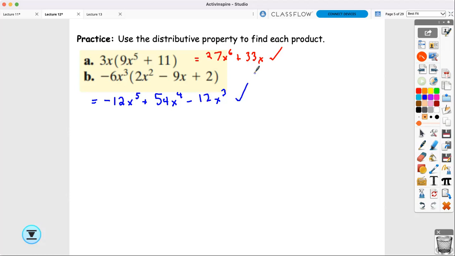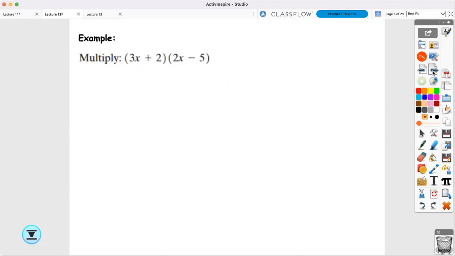All right, does anyone have any questions so far regarding using the distributive property? All right, let's go ahead and move on. Now, the next example, we're multiplying 3x plus 2 times 2x minus 5. I'll give you a few seconds to write this down before I jump into it.